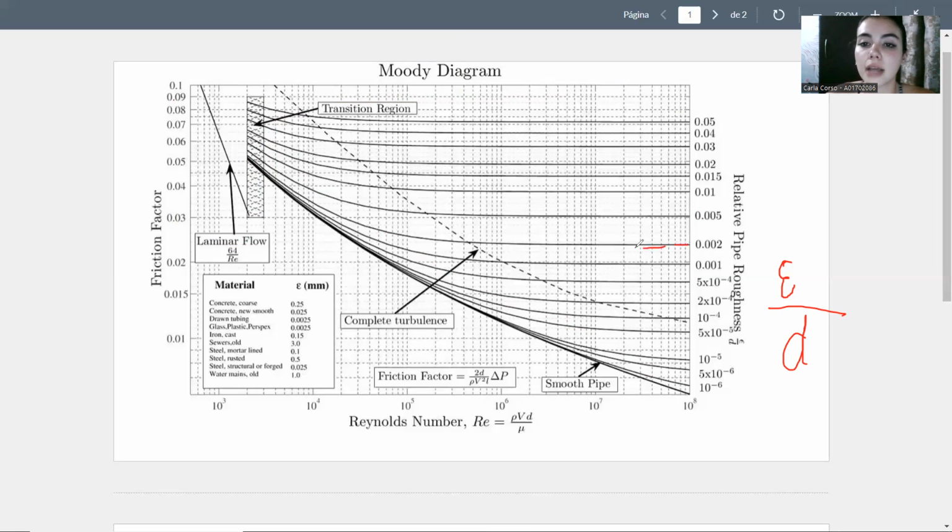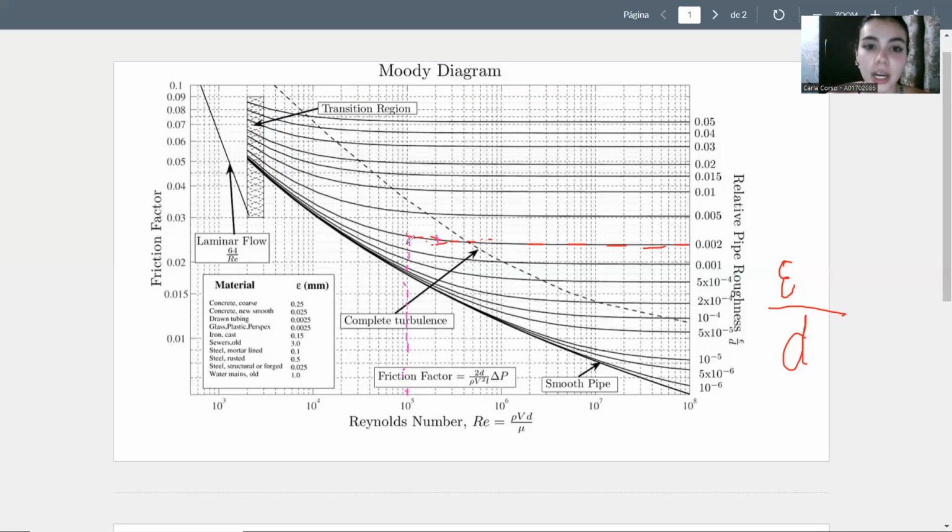We're going to trace a line over here until we arrive at the part which we calculated for the Reynolds number. So for example, if we obtained a Reynolds number of 10 to the 5, we are going to trace this line, following the curve of the relative pipe roughness until the 10 to the 5. And we are going to trace the same line over here to the Reynolds number.